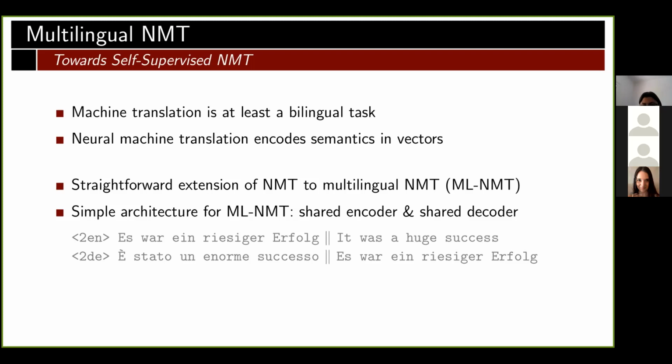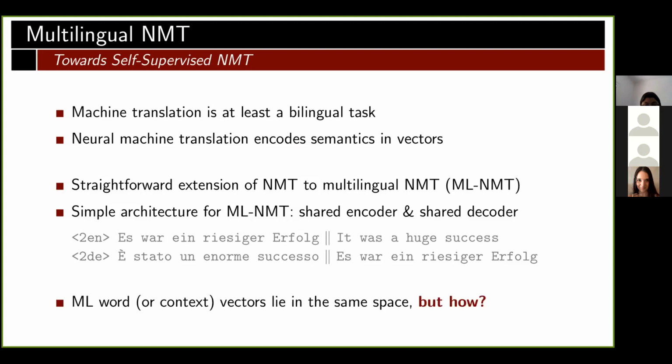Otherwise, for the system, it is just the same architecture that deals with a language with more vocabulary, so with more distinct words. There is nothing else that differs between the bilingual case and the multilingual case.